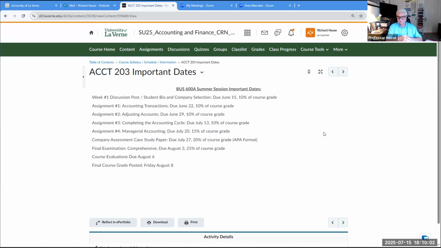You're doing basically a financial statement analysis, looking for trends analysis. That's chapter 13 of our textbook. And then finally, the final examination of our course, which is 25% of the grade. The bulk of that final examination will be on the final 3 weeks of this course, chapters 14, 18, 20, and 24.